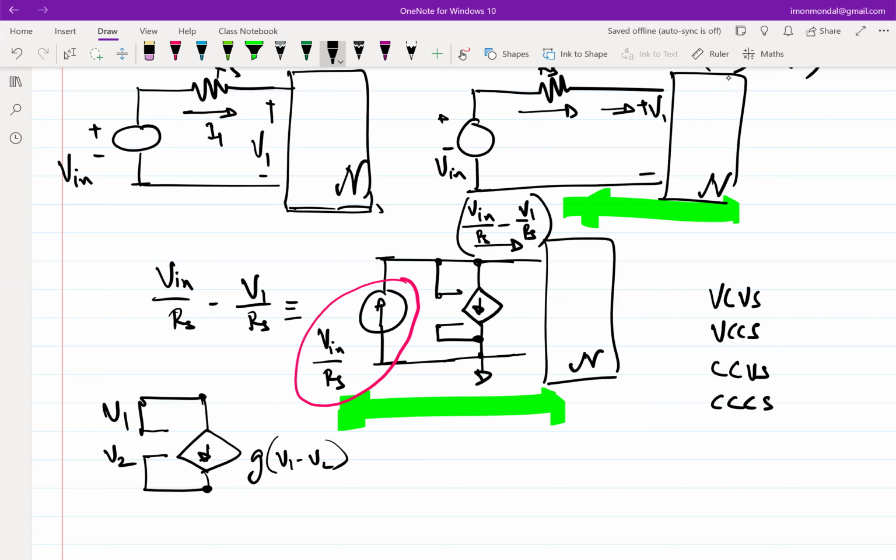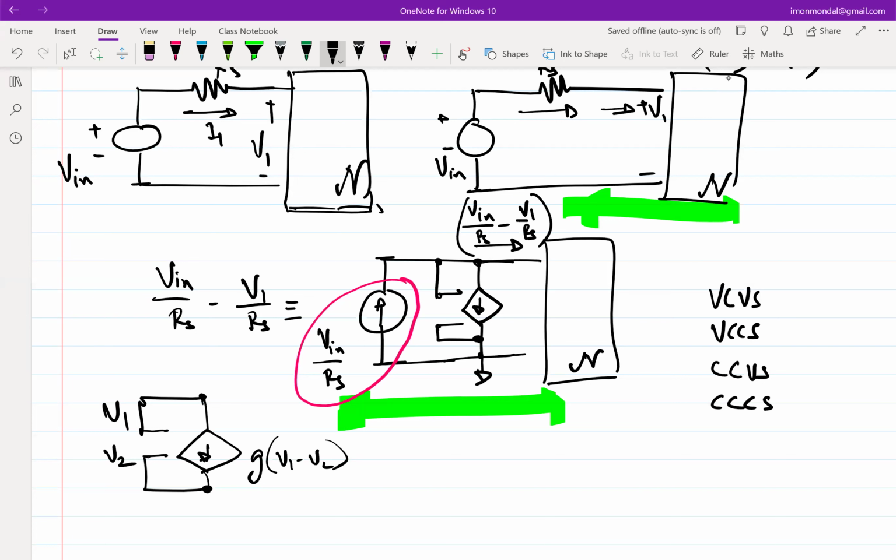But do you think this is a special type of control source? It's a control source, I understand, but can I replace the control source with something? Any element? A resistance. Why? Right, exactly. Great. Thank you.